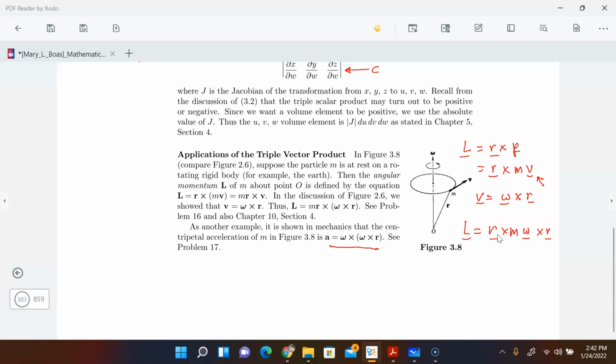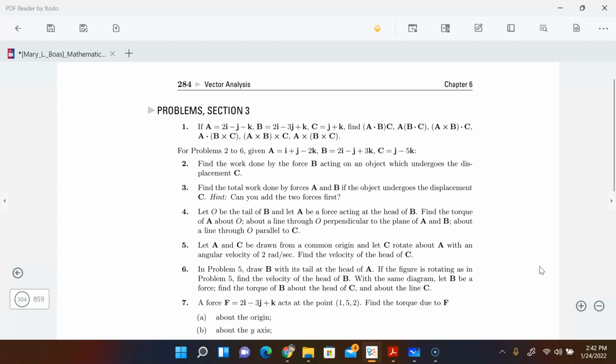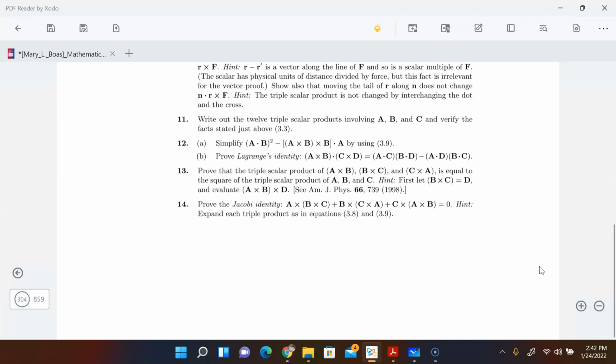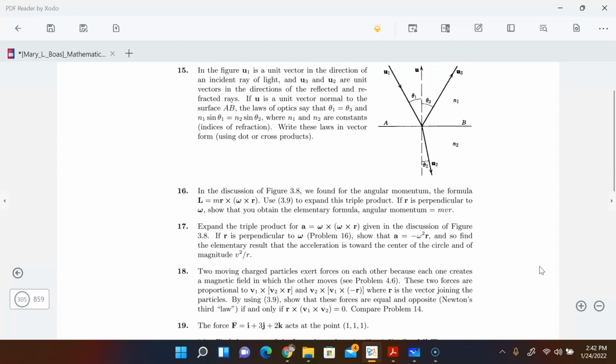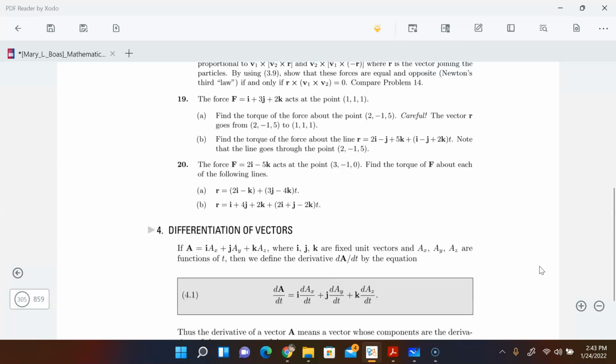This is like omega cross r is v there. Okay, so let's move to the next section.